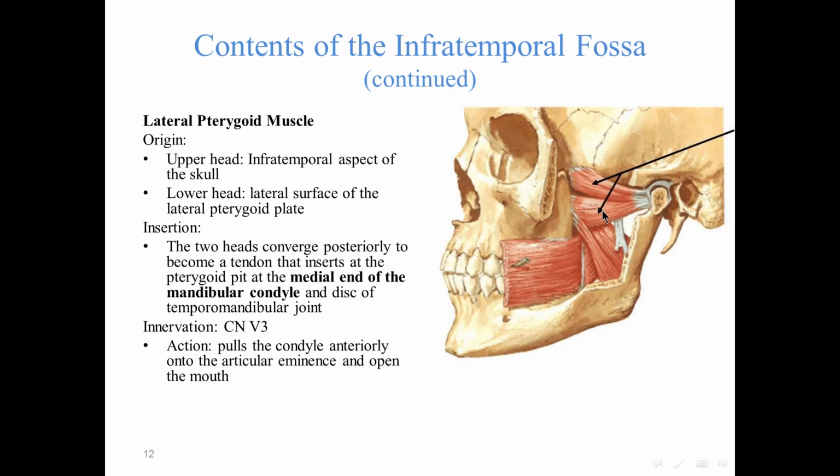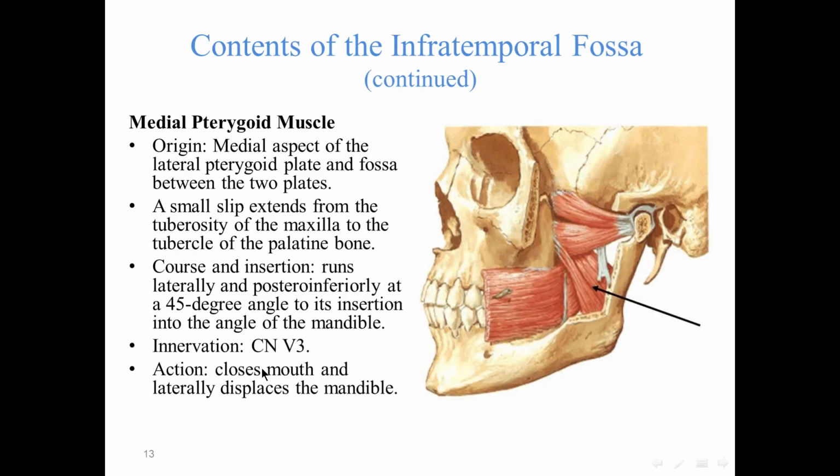Contraction of this muscle pulls the condyle of the mandible anteriorly onto the articular eminence and opens the mouth. This muscle, the lateral pterygoid muscle, opens the mouth.